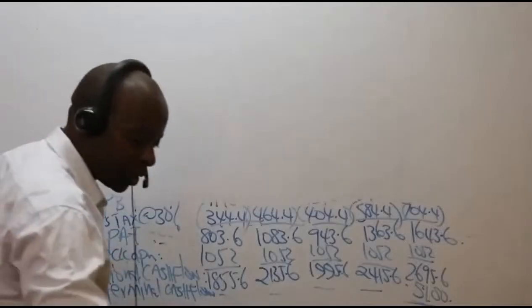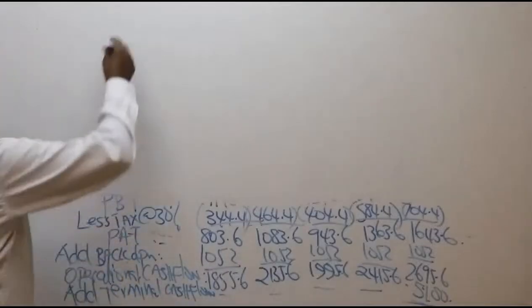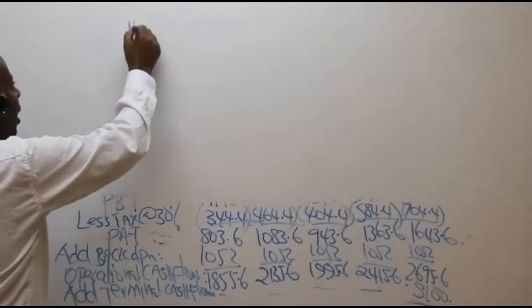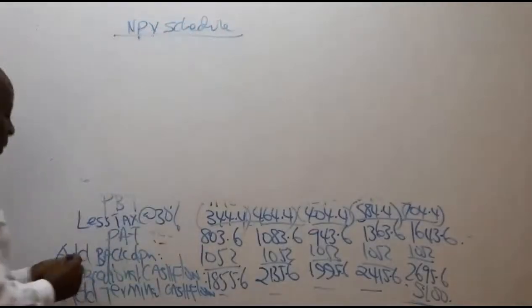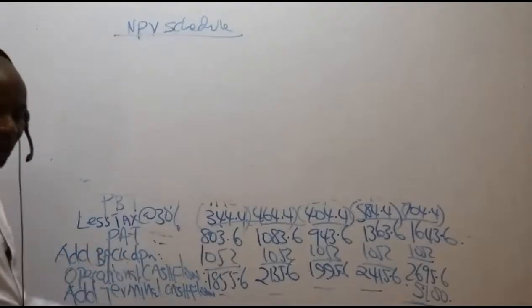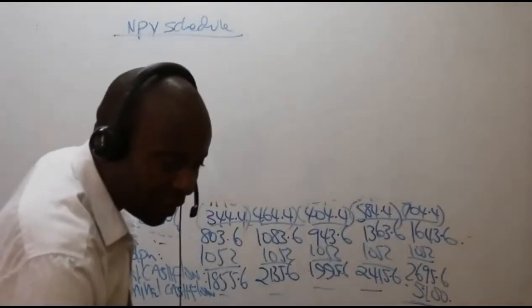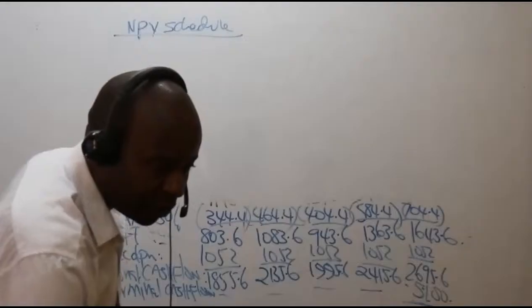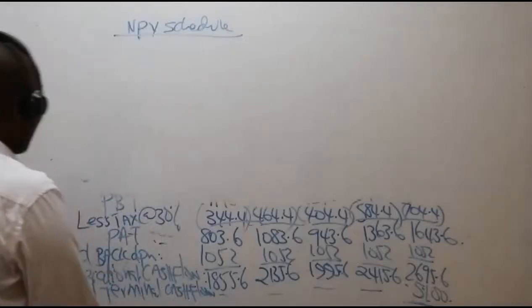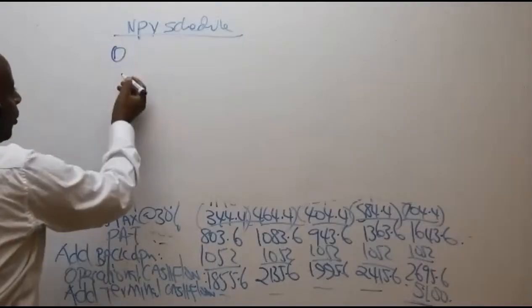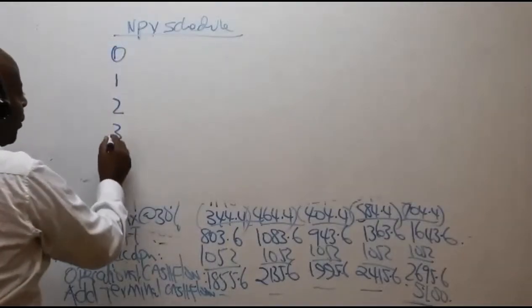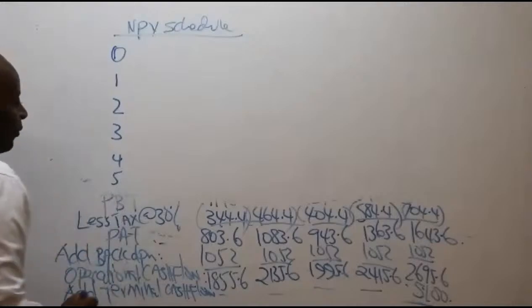Thank you very much. So in this case, ladies and gentlemen, now we have our net present value schedule. What do I have here? I have year 1, actually you can even begin from year 0. Year 1, year 2, year 3, year 4, year 5.